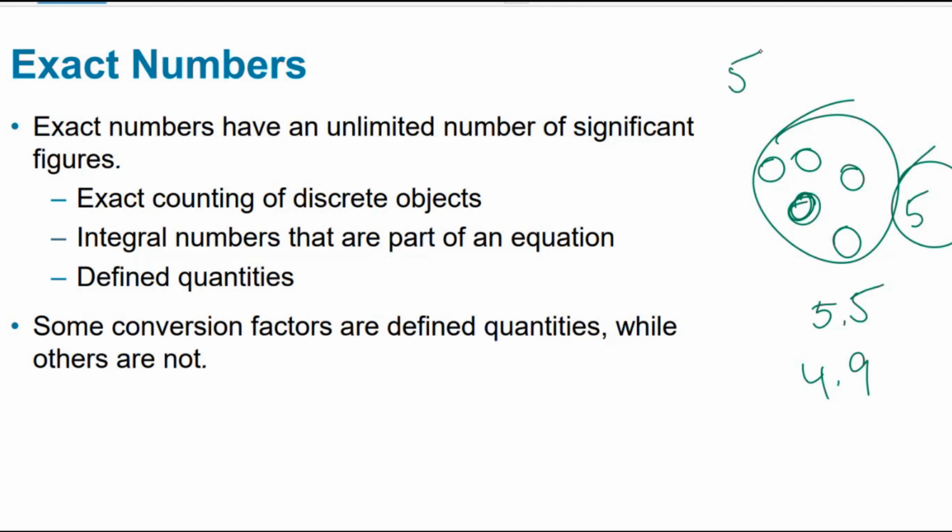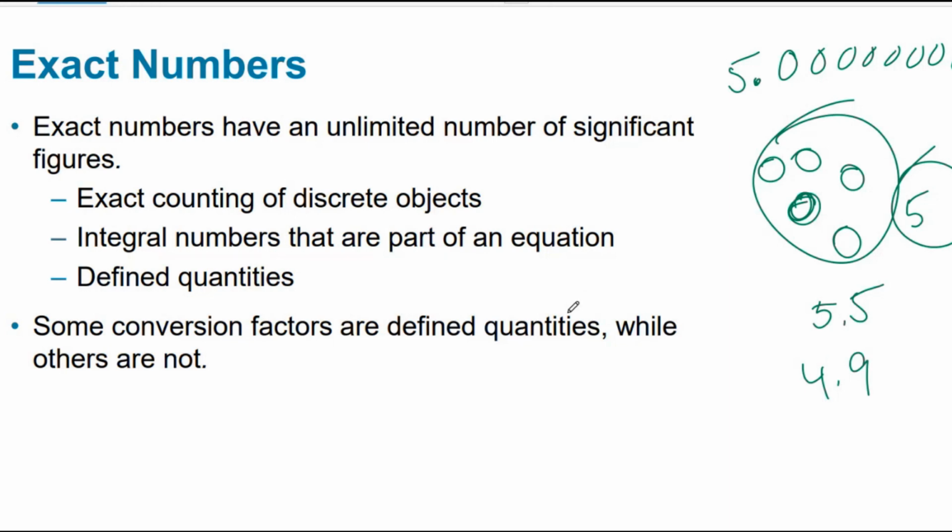So these 5 pennies would be 5.00000000, as many zeros as I need to put in to have my significant figures not limited by that. Okay, so I can use as many zeros as I need, as many significant figures as I need. Integral numbers that are part of an equation are not limited by significant figures.